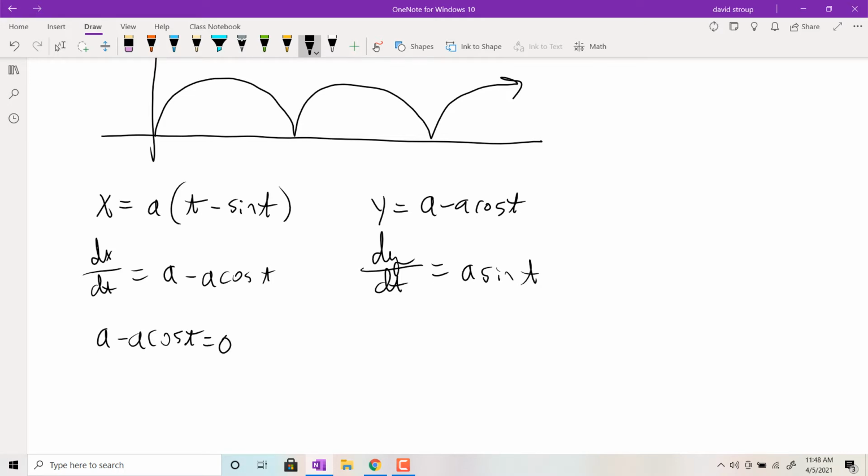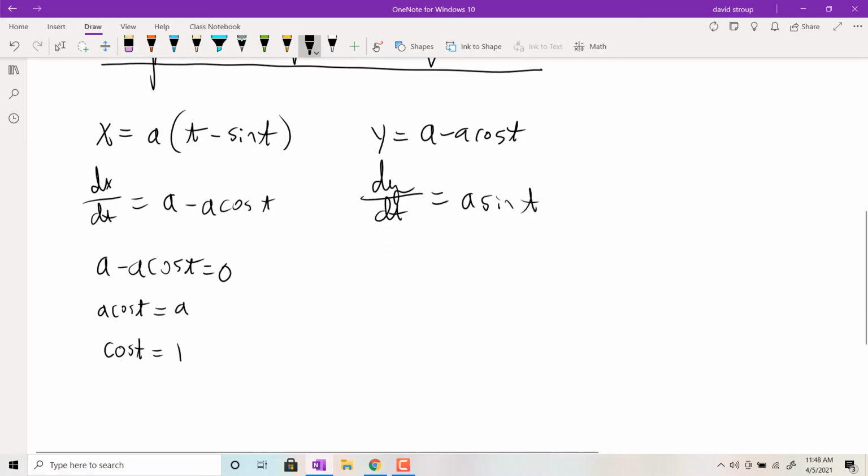So we have a trigonometric equation, basically. We can say a minus a cosine t is equal to 0, so a cosine t is equal to a, and we assume a is not 0. I can divide both sides by a, and I get cosine of t is equal to 1.